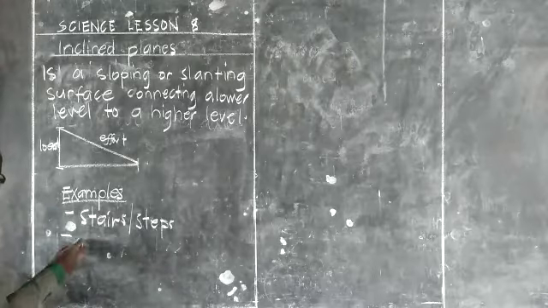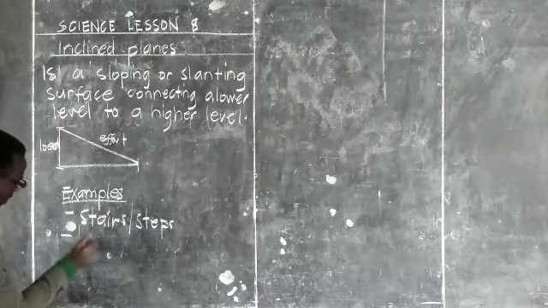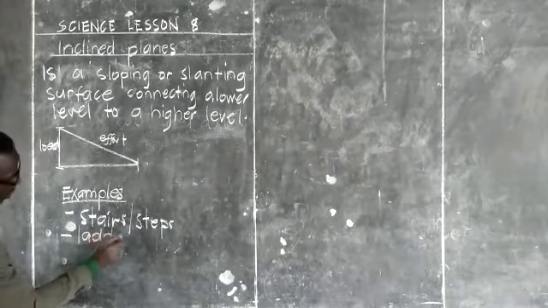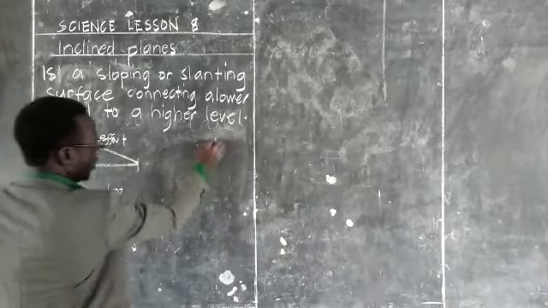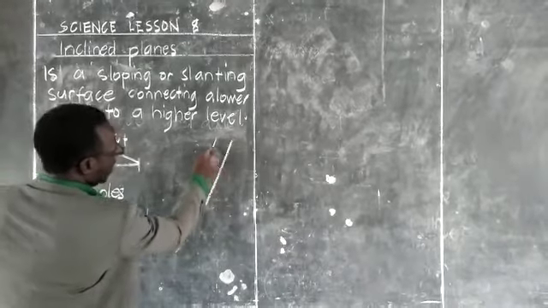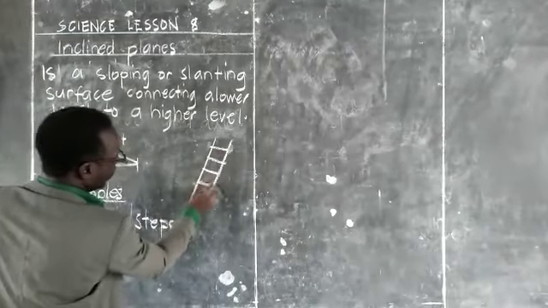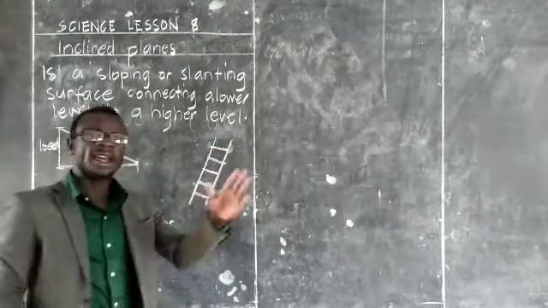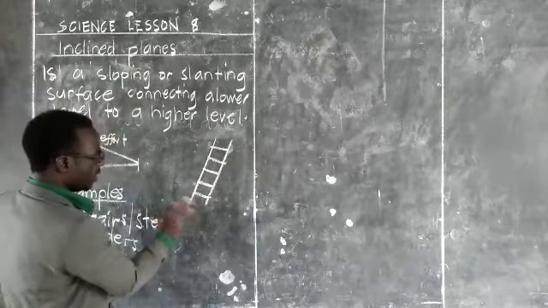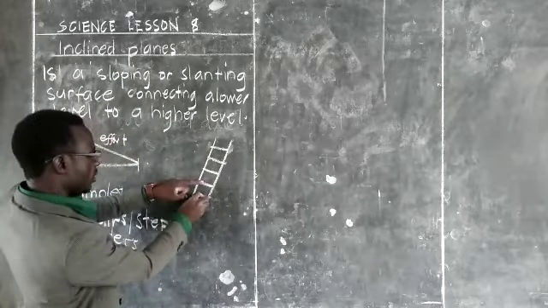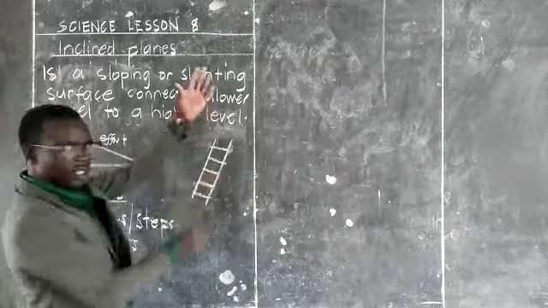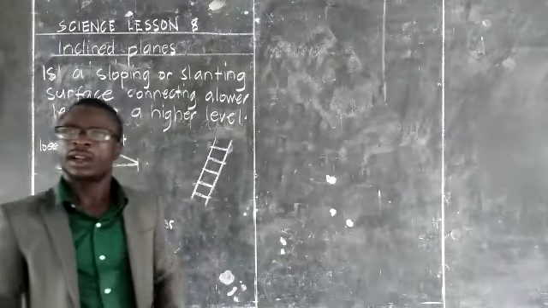We also have ladders. Ladders are like this. If you want to climb a higher level, you start by climbing here, you reach here, there, until you reach where you want to climb.